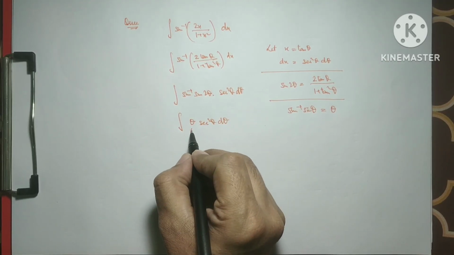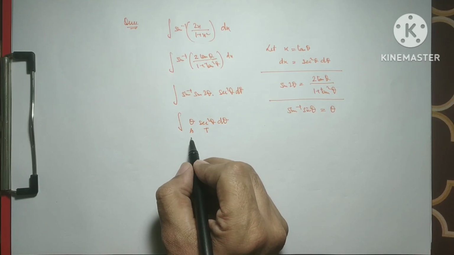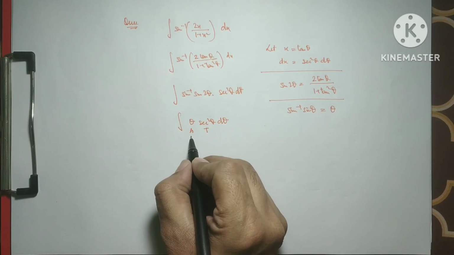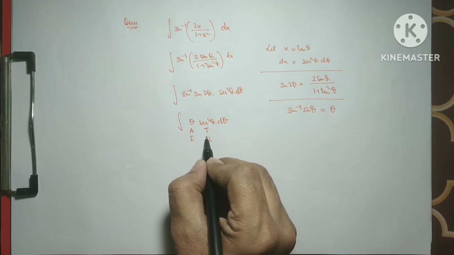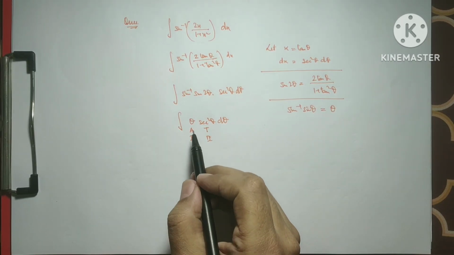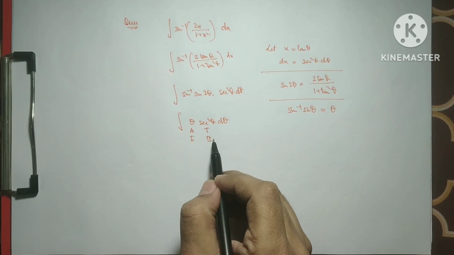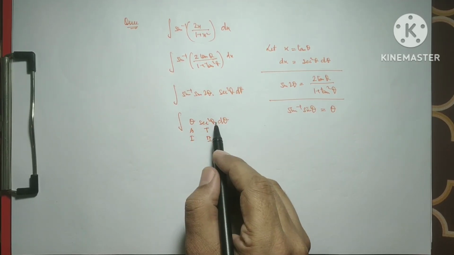Right now this is an algebraic function, this is a trigonometric function. So by ILATE this is the first function and this is the second function. Now we will use integration by parts.